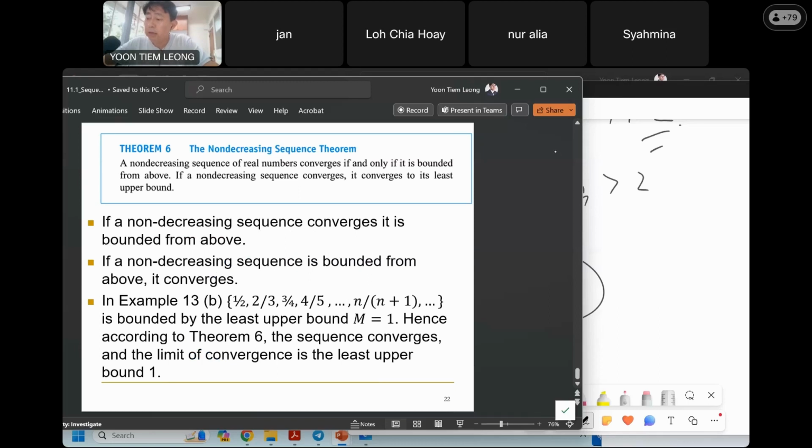It says a non-decreasing sequence of real numbers converges, meaning that it has a limit, if and only if it is bounded from above.